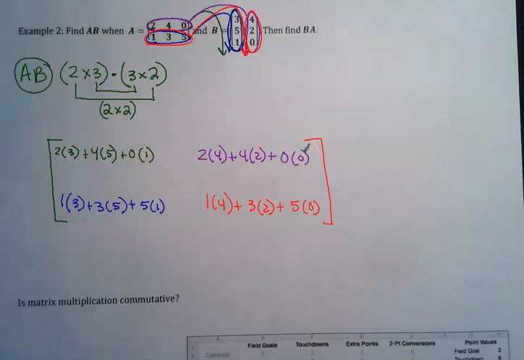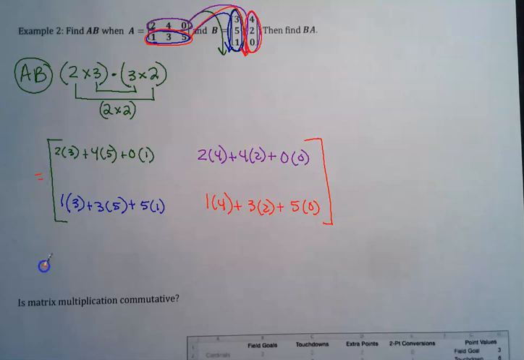And if you look down the column, the numbers being multiplied are the same: here I'm multiplying by 3, 5, 1, and here by 4, 2, 0. You can do those checks, and that'll help you know if you set them up correctly.